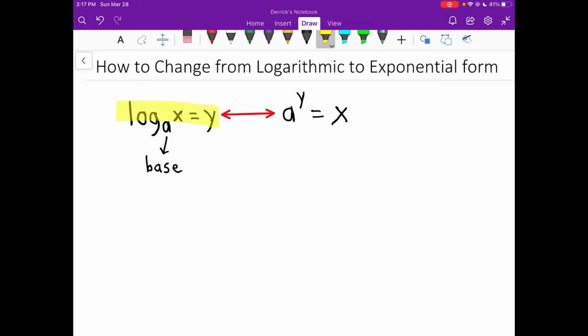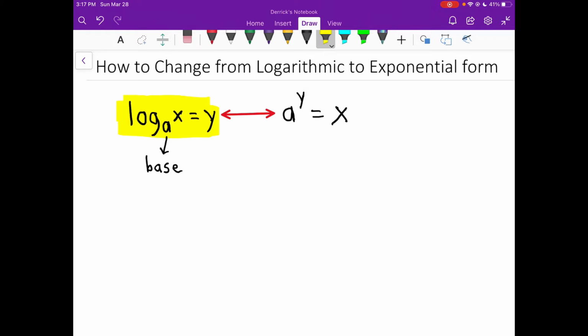Looking at this equation that we have here on the left, the way you would say this is log base A of x equals y. Every log has its own base, so you want to specify what base each log has. So you're saying I'm doing a logarithm, it has a base of whatever, in this case A, because we're just being generic.